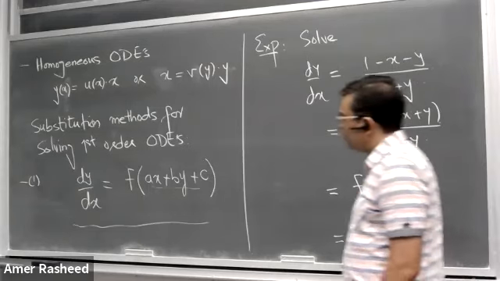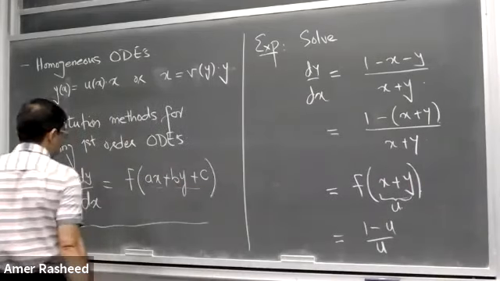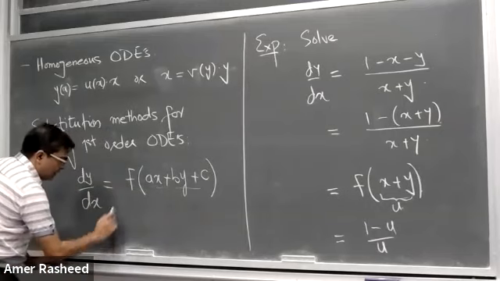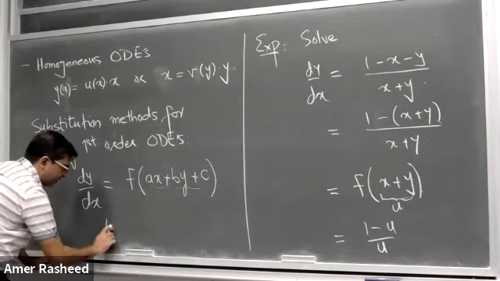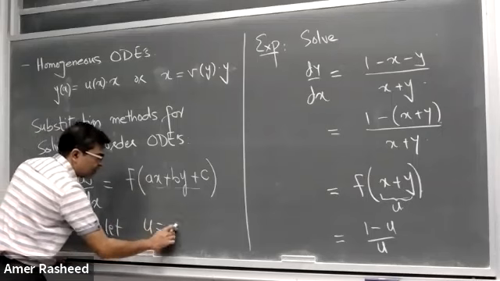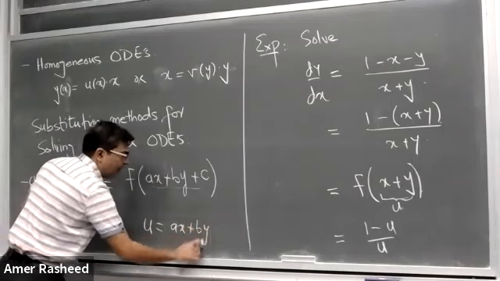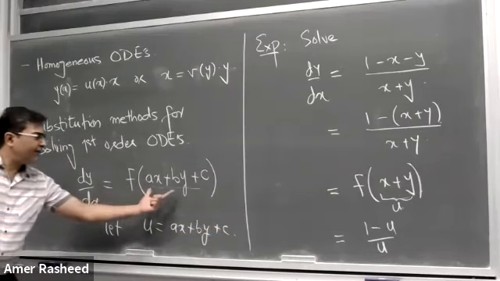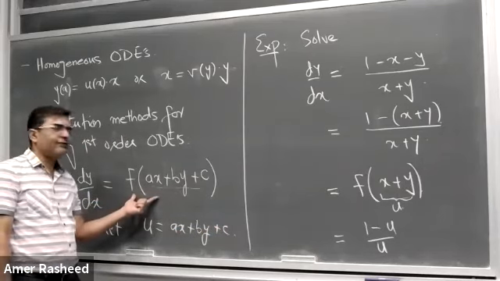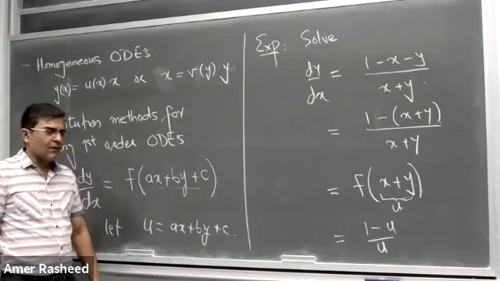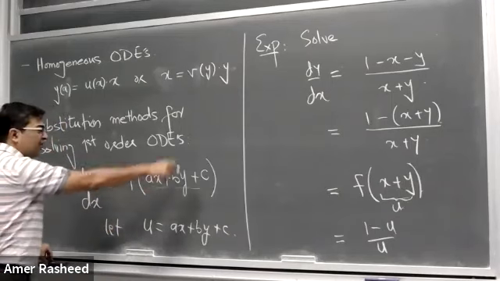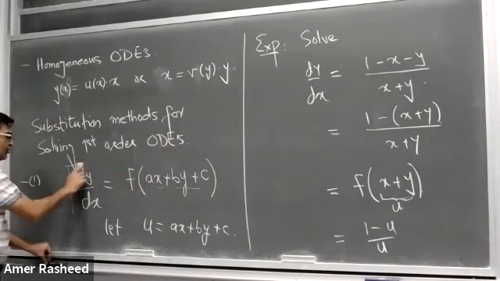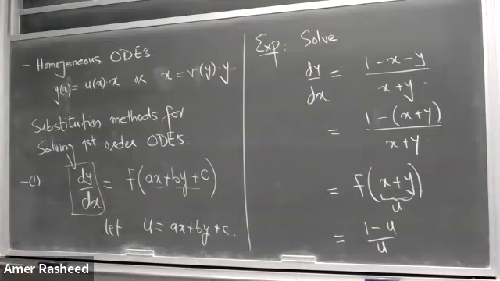Now, what we do in order to solve such kinds of differential equations is make a substitution. We say that let u is equal to ax plus by plus c. Then this function becomes a function of u, f of u. But if this function has been converted into a function of u, then we also have to convert dy by dx.